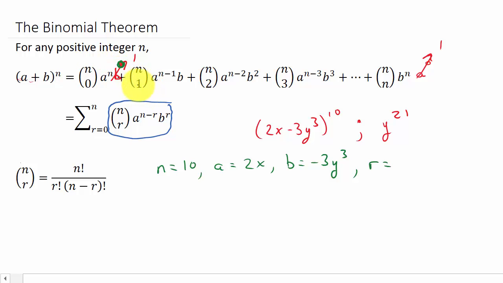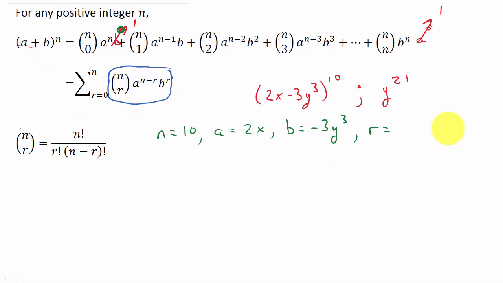See this, 1, 1, 2, 2. This number here and the number here are the same. See, n, n. Well, look, that's r and r. That's what we're looking for, is r. So how can I find this r?